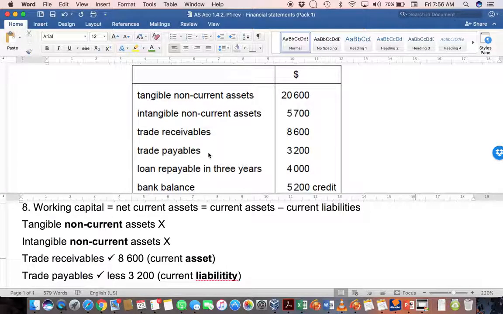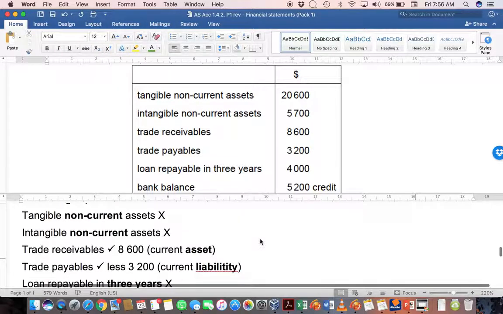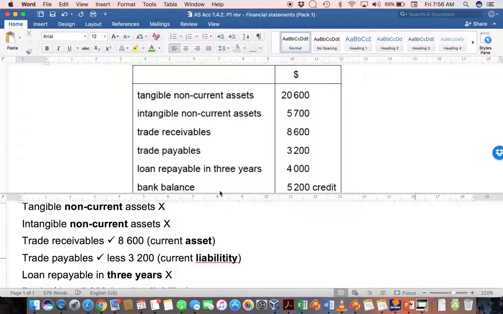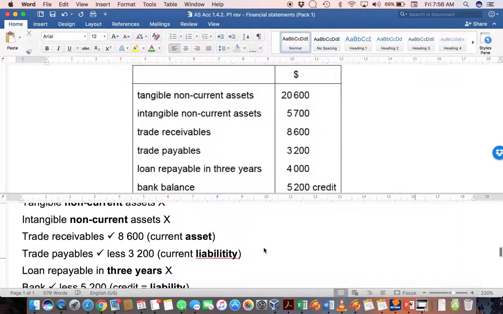And then trade payables is a current liability. Now, we are going to use it, but because it's a current liability, I need to remember to subtract it. I want to say less 3,200. The loan repayable in 3 years, that is certainly a non-current liability because it's talking about 3 years, so it's long-term, not short-term, so we will exclude that.